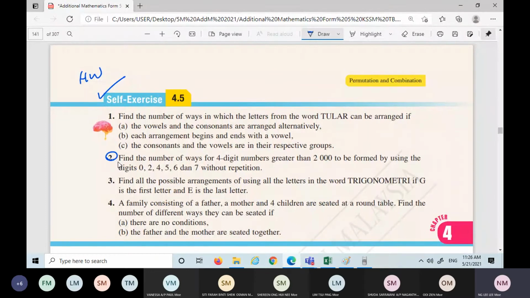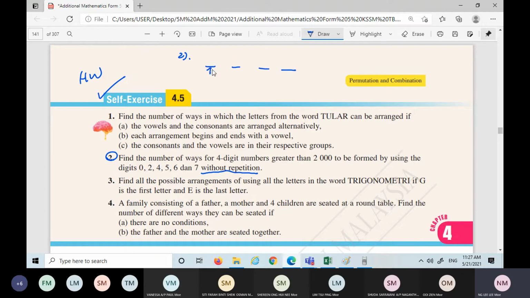These questions: find the number of ways a 4-digit number greater than 2000 can be formed by using the digits, without repetition. Okay, 4 digits, 4-digit number greater than 2000.